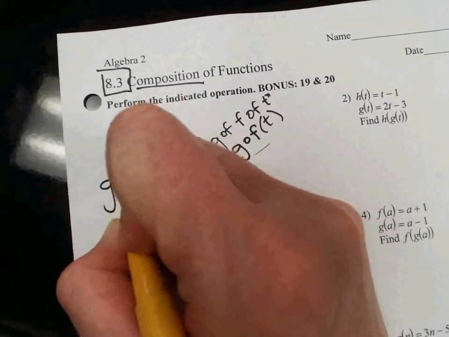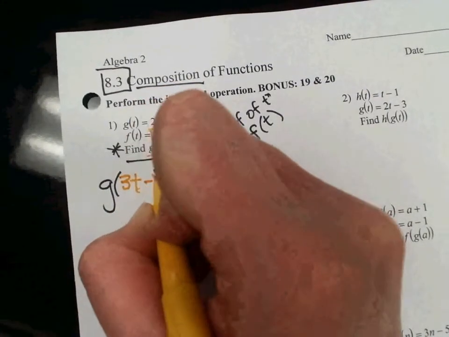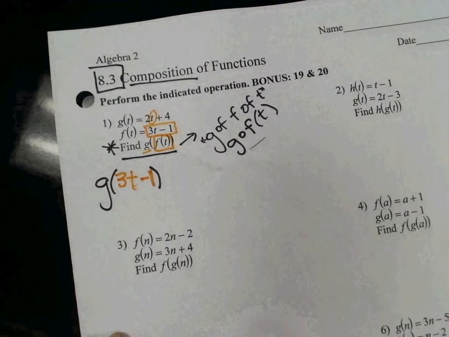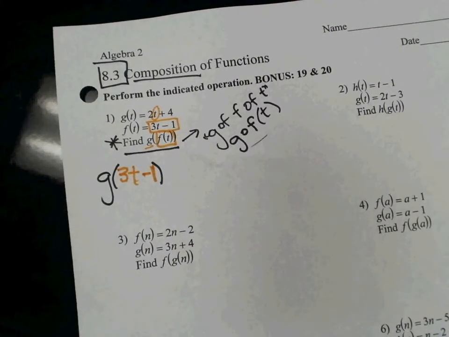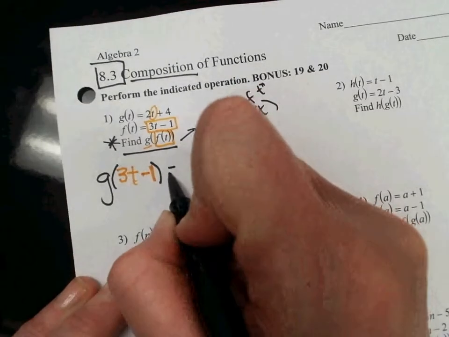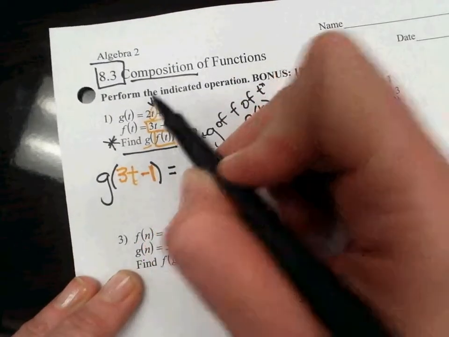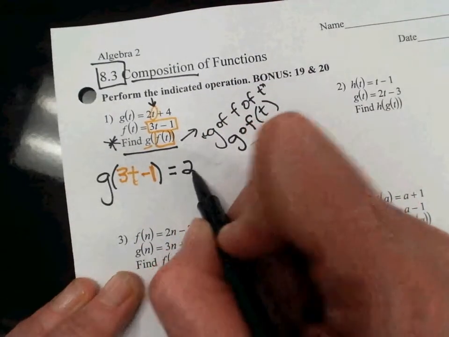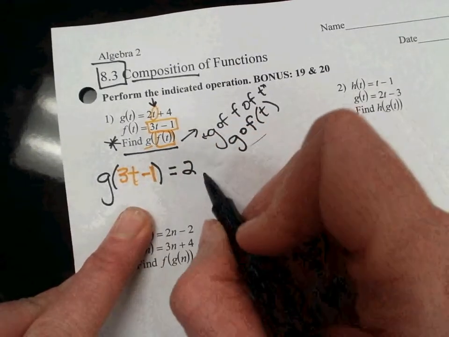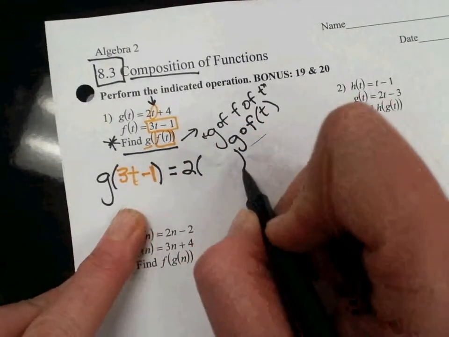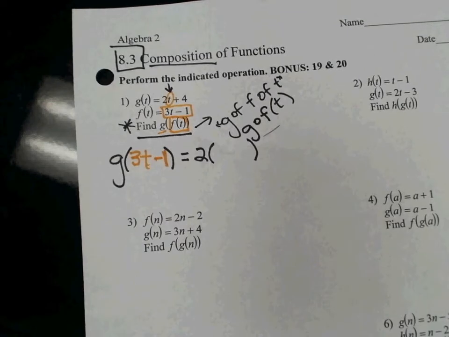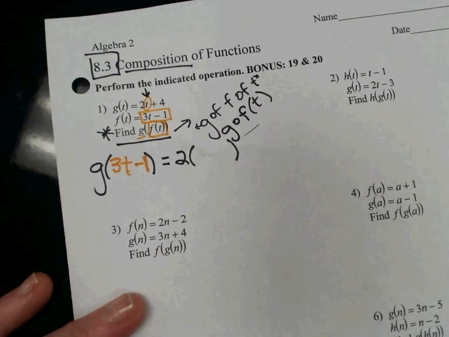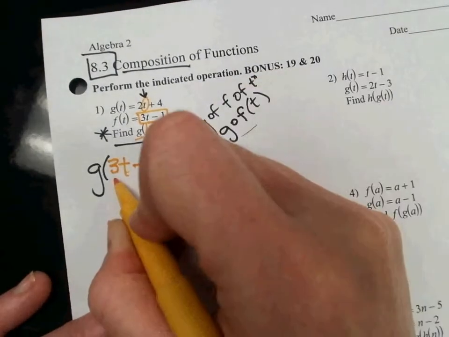So we have inserted the f function into the g function, and now it should seem very familiar from 8.1. Where we see the t, we put in whatever's inside those parentheses. So we put in the 3t minus 1, kind of like your slider. Whatever's in here goes in here.